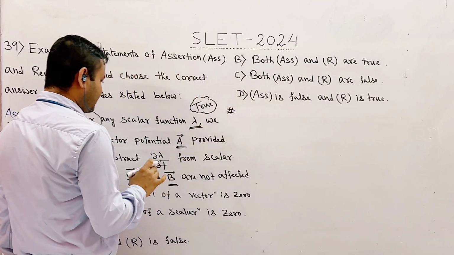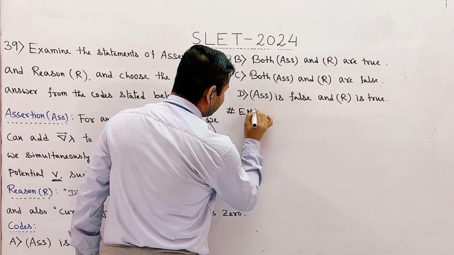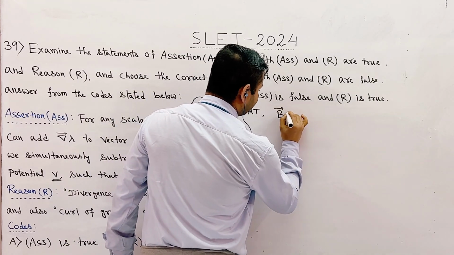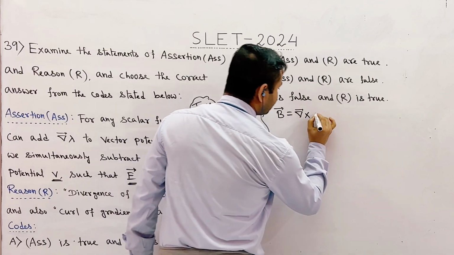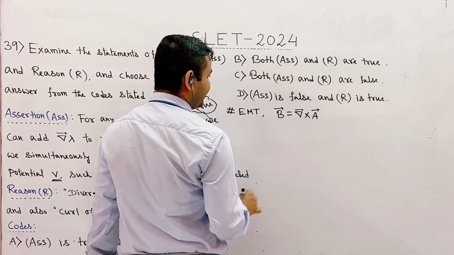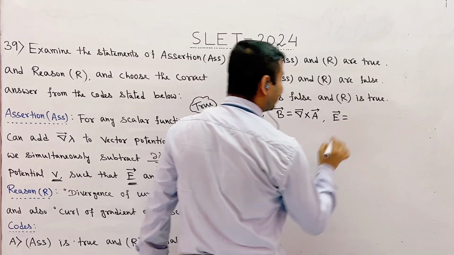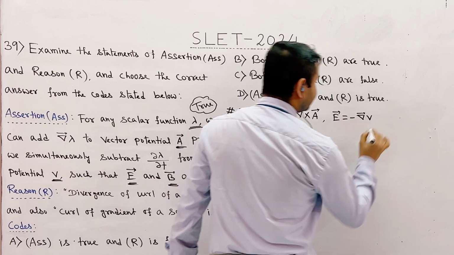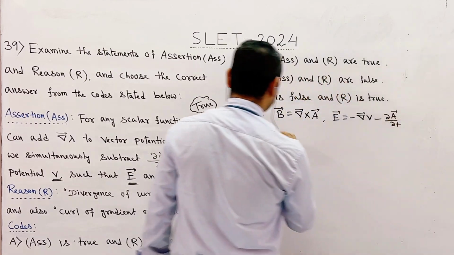Now let me write these expressions. So from electromagnetic theory, magnetic field can be written as the curl of vector potential A and electric field can be written as the negative gradient of scalar potential V minus del A by del T. Okay?